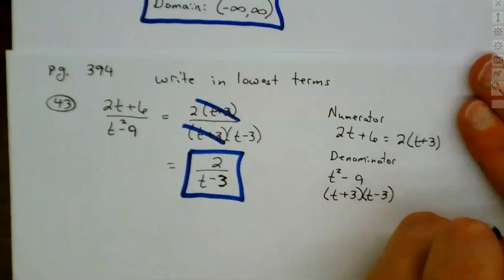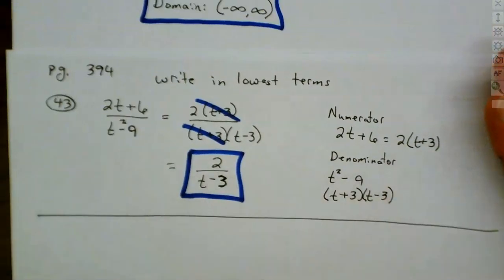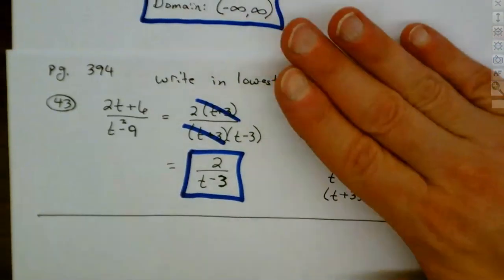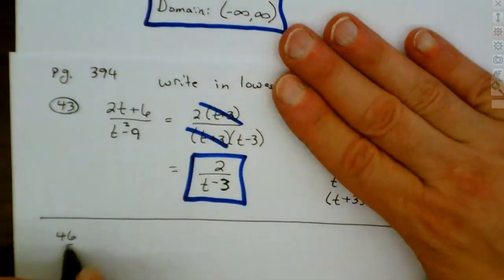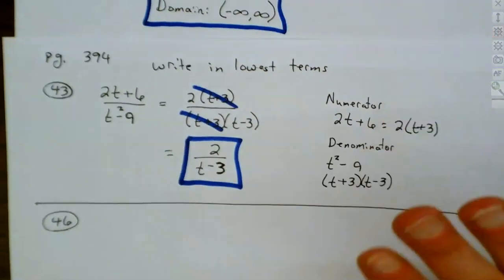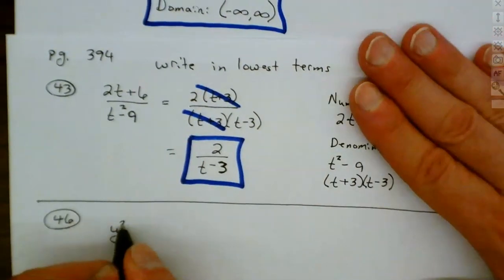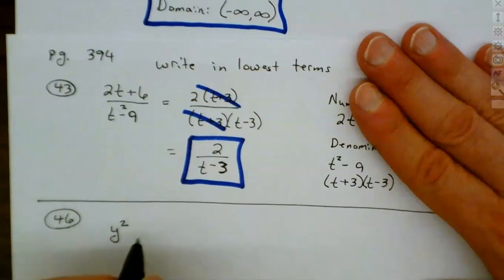Question 46. We're going to look now at question 46. There are a couple like these as well. These are trinomials we're going to factor. The last one was a greatest common factor and a difference of squares. Well, this one is trinomials.